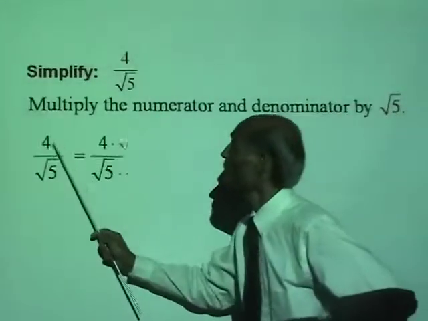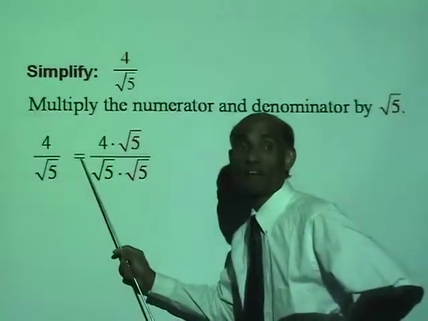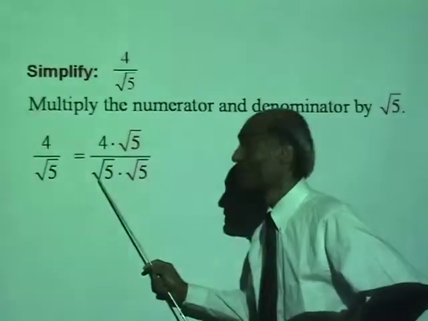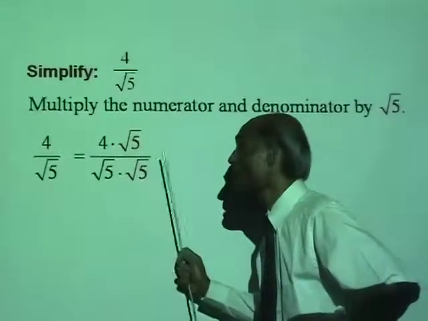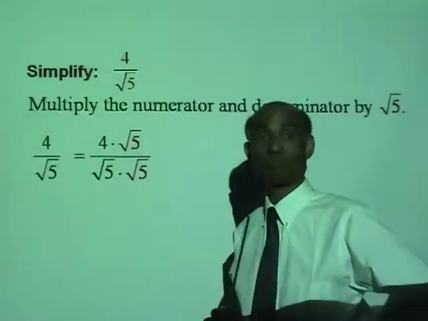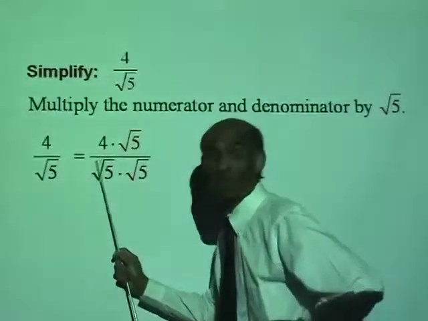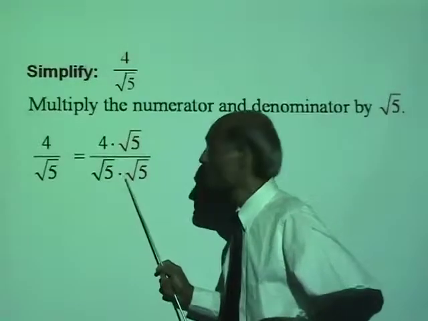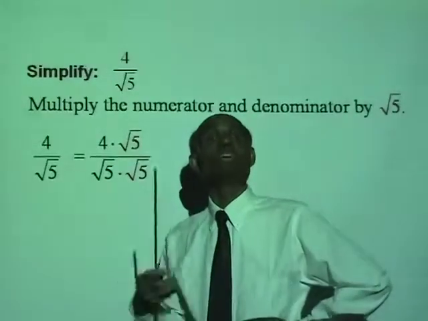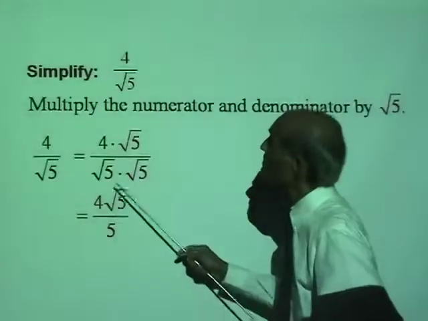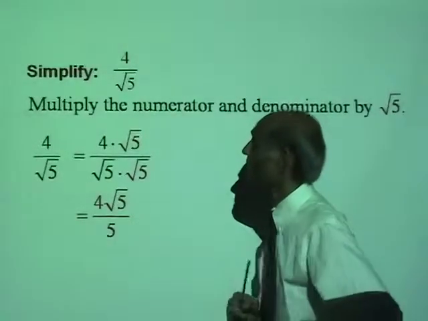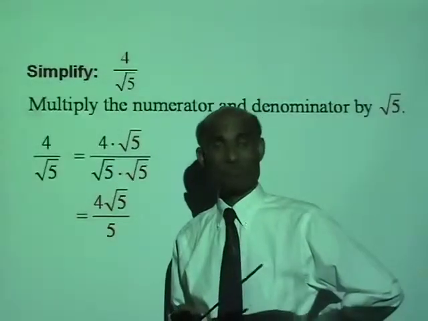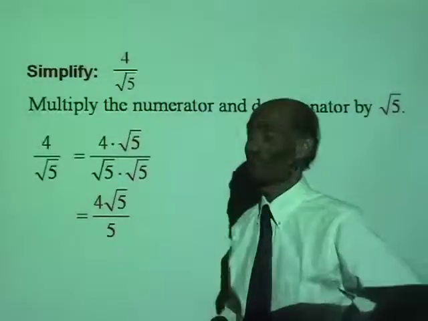So 4 divided by square root 5 is the same as 4 times square root 5 divided by square root 5 times square root 5. What does the denominator now become? Square root 5 times square root 5 is 5. So this will be 4 square root 5 divided by 5. Isn't that simple? But very important.